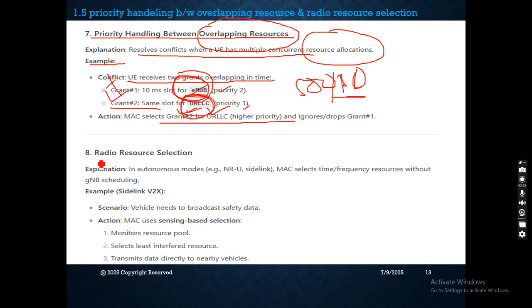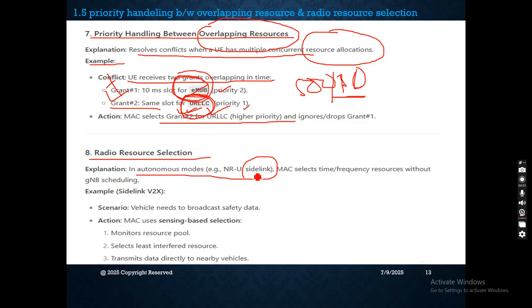Now let's move on to radio resource selection. This is a very good example of how resource selection will be done. The explanation is about the autonomous mode where sidelink communication is used, and this is the latest communication right now.